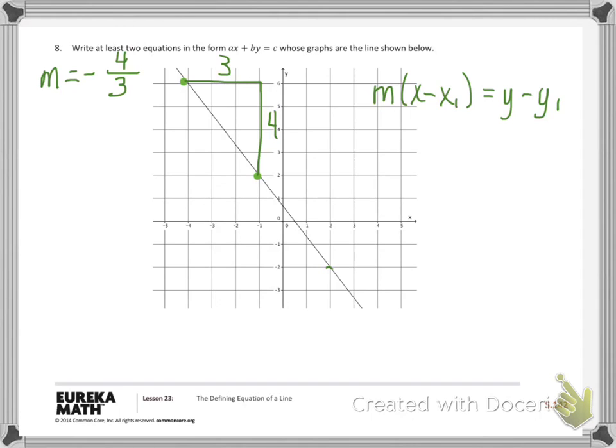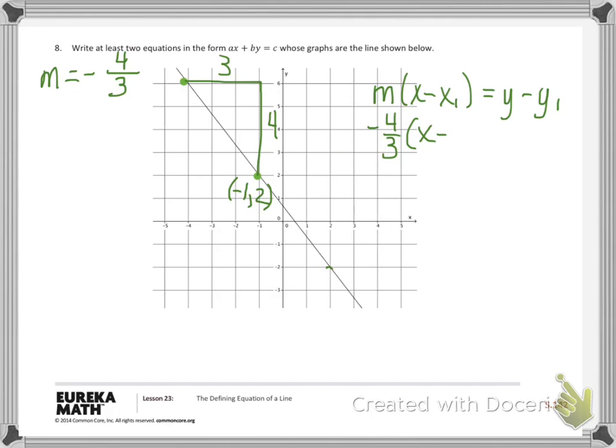So I'm going to use this one. So I've got the point -1, 2, and I'm going to use that for x1, y1. So I know my slope is -4/3 times x minus x1 is -1.